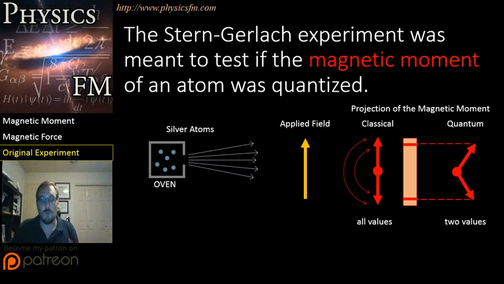Now, one of the questions that people have had when I've been talking about this is whether or not this can ever directly point along the applied field, because they've listened to people talk about magnetic resonance in the past.